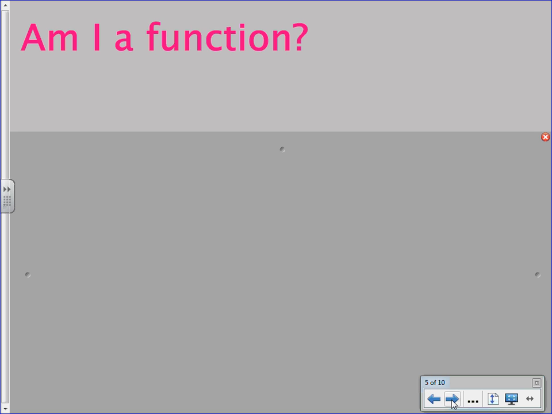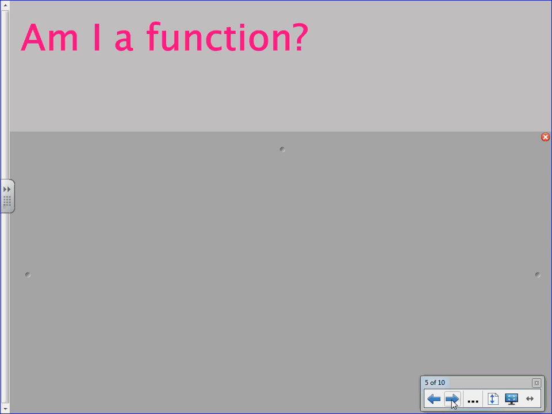Do you remember what the test is called? So we can't repeat any x values. We cannot have two coordinates that have the same x value. So every y value needs a unique x value. The vertical line says. Yes.